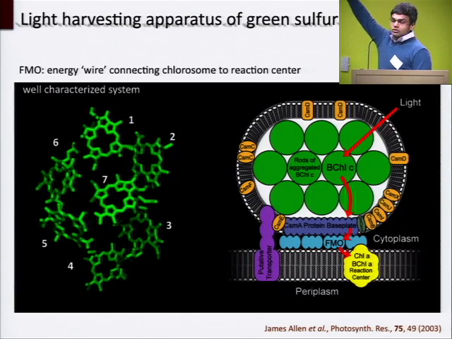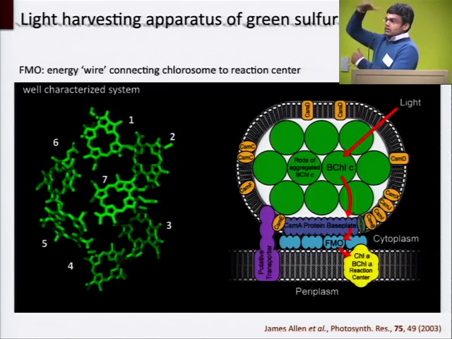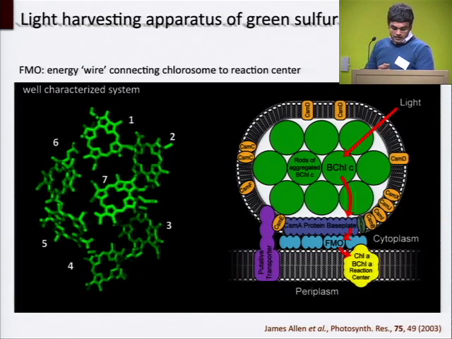The light enters through chromophores 1 and 6 from the base plate, and it leaves through chromophore 3. So it really is just a wire that connects the main antenna to the reaction center, and it is amazingly efficient at this job of funneling the energy down.